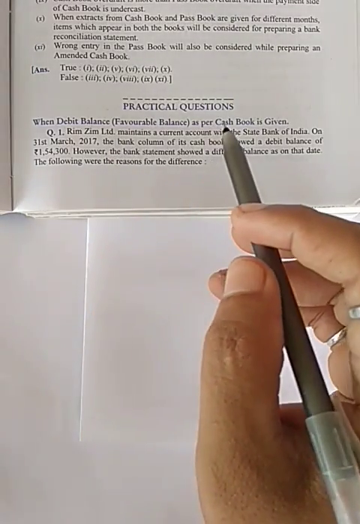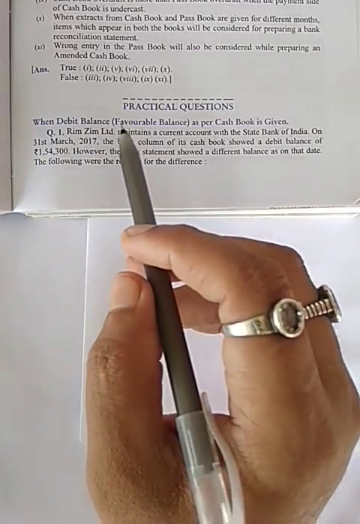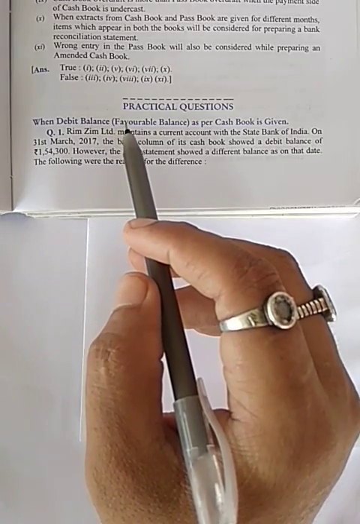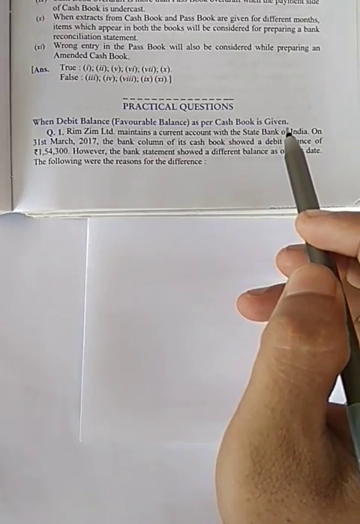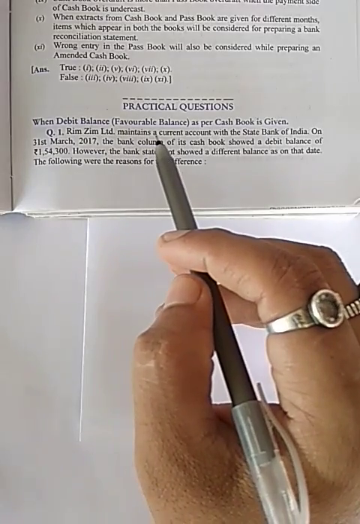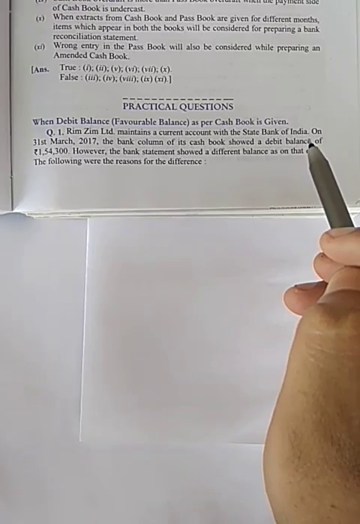This is your practical question number 1. The question is under the topic when debit balance, or we can say favorable balance, as per cash book is given. Rimjim Limited maintains a current account with the State Bank of India.